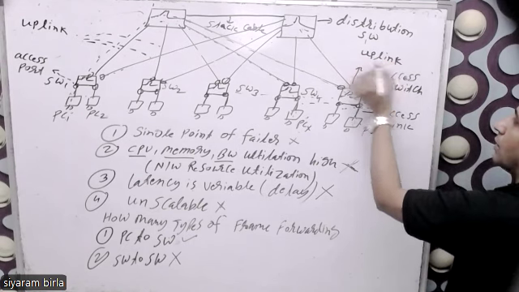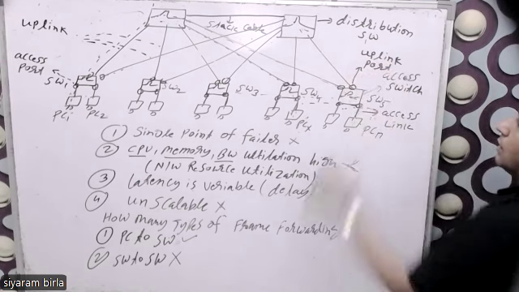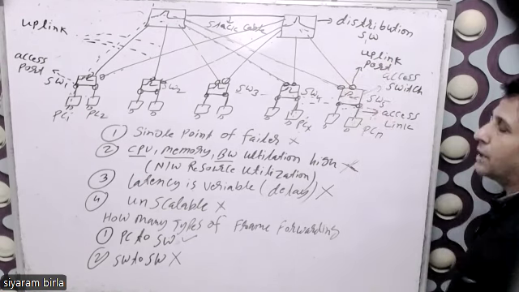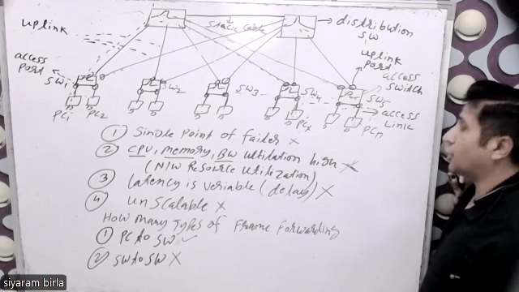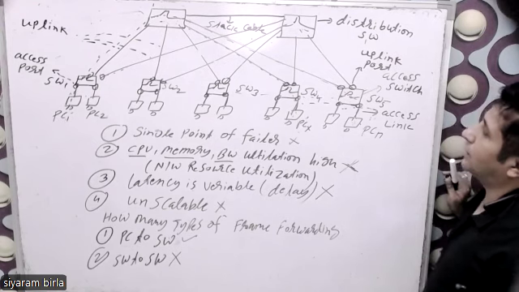So these are the naming conventions: access link, access port, uplink port, distribution layer switch, and access layer switch.